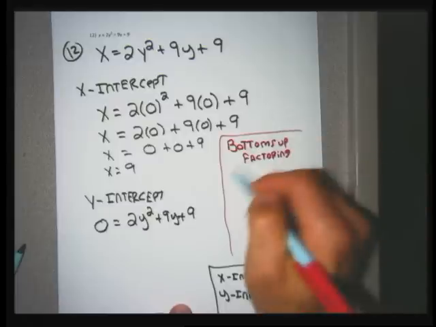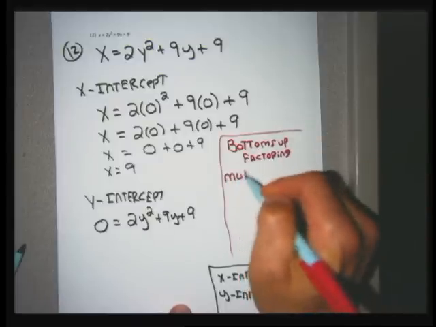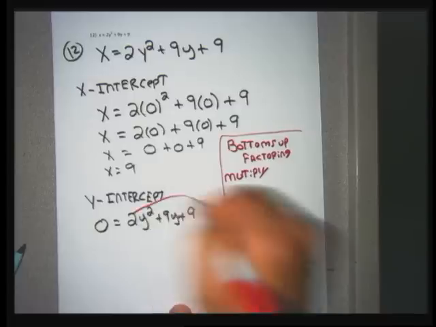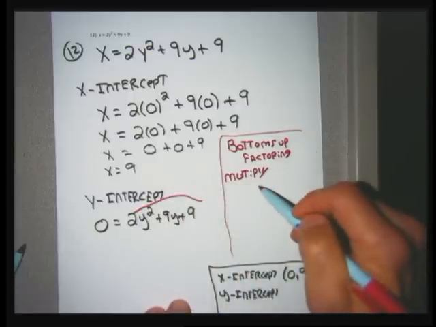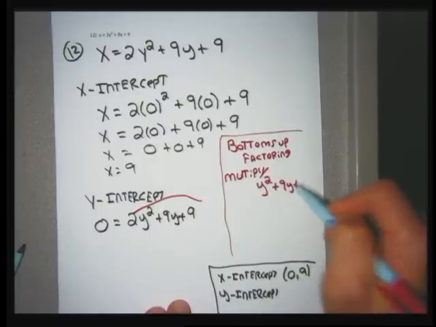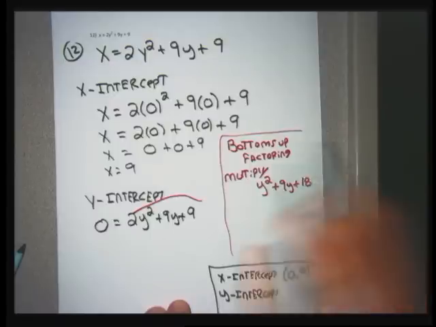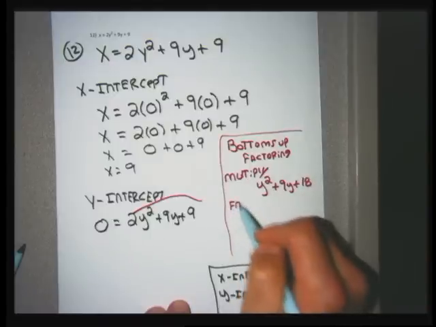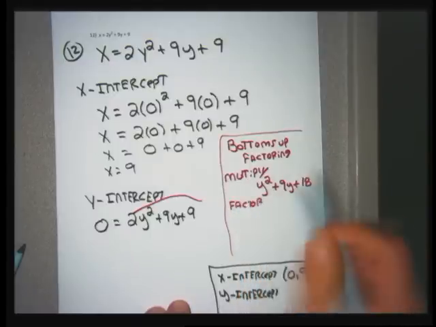And for bottoms up factoring, the first step is to multiply. So I multiply the first and the last number, that 2 and the 9, and I get 18. I take the 2 away from the y squared and incorporate it into the last. So that's the multiply part. And then the next part is factor. And that's easy-ish factoring.